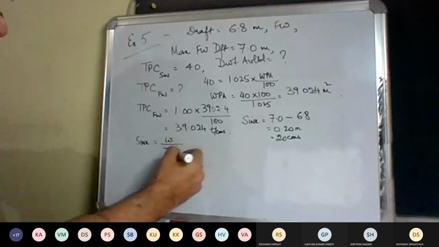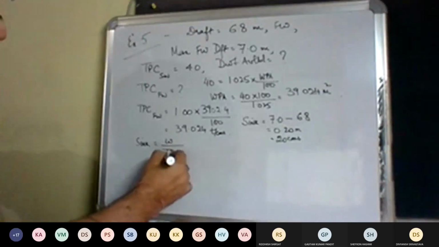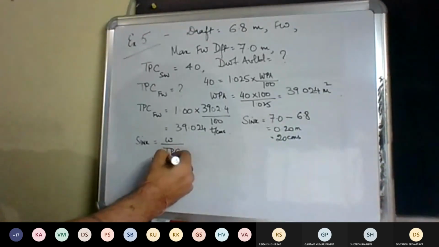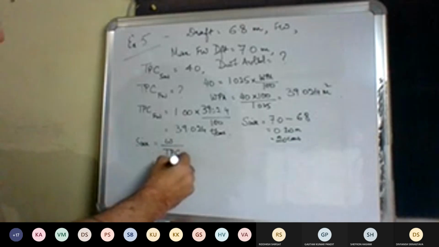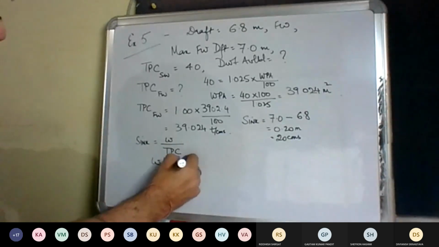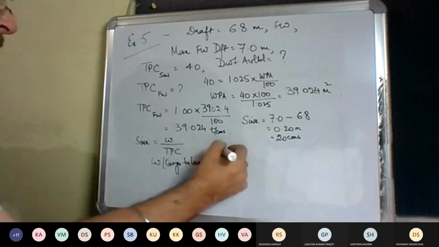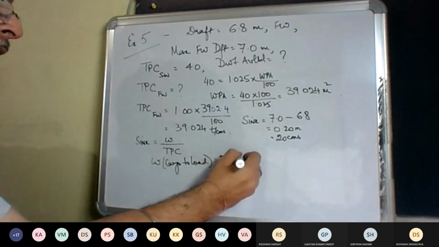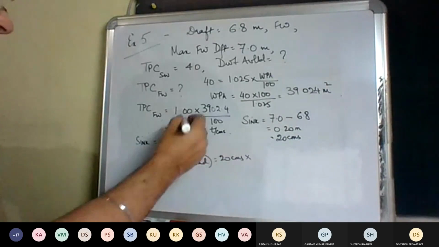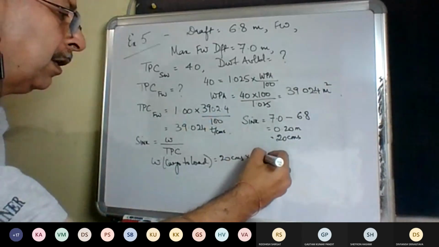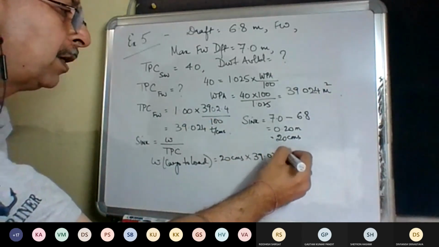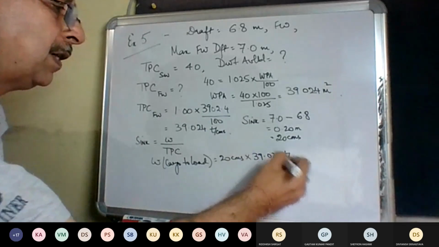So small w, which is my cargo to load, is equal to sinkage 20 centimeters multiplied by TPC 39.024 tons per centimeter.